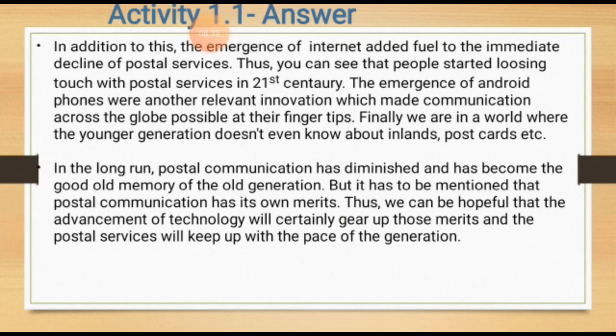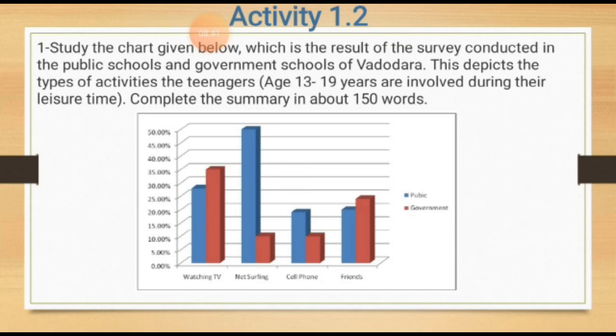Now, what you have to do is attempt this question. Study the chart given below, which is the result of a survey conducted in the public schools and government schools of Vadodara. This depicts the types of activities of teenagers, that means aged 13 to 19 years, and how they are spending their leisure time.